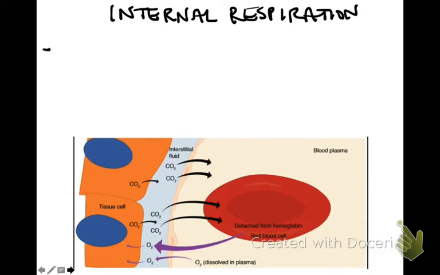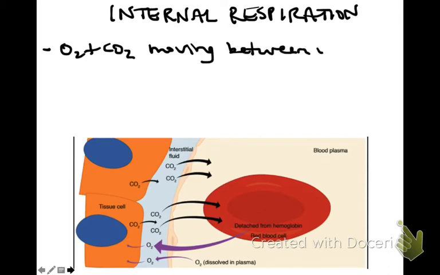So this is going to be oxygen and CO2 moving also, but this time it's going to be between our blood, which is now where the two things are being carried, and our tissue cells. A tissue cell can be anything: a skin cell, a muscle cell, a brain cell, a heart muscle cell, a kidney cell.